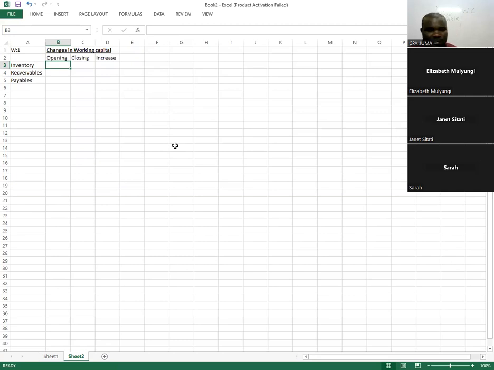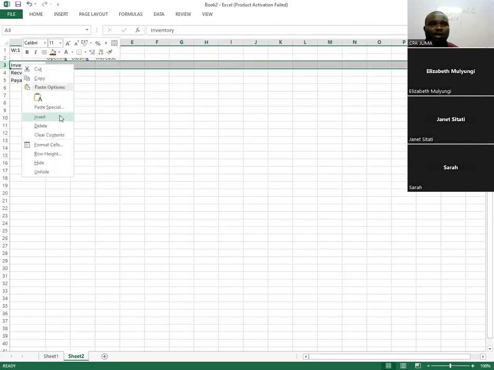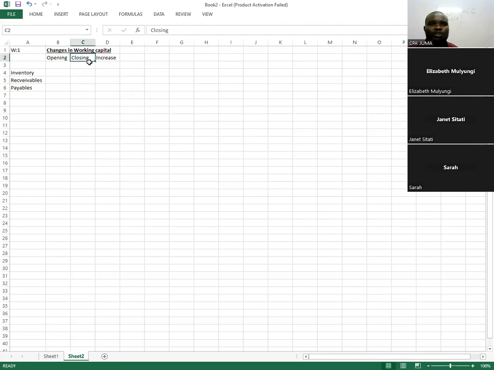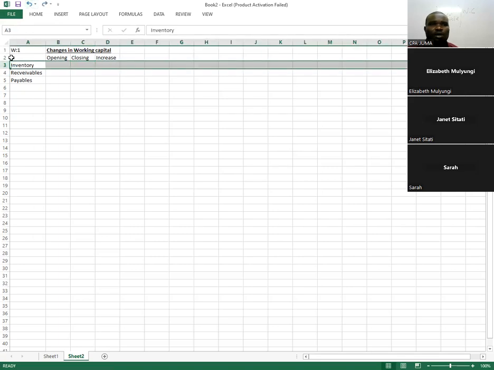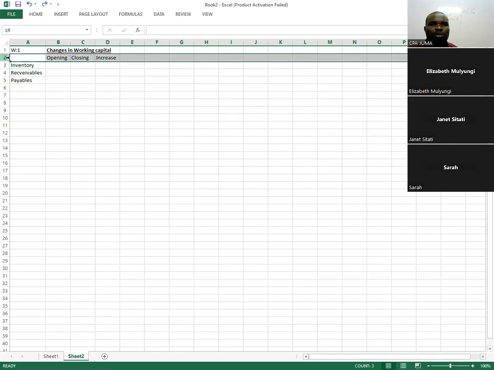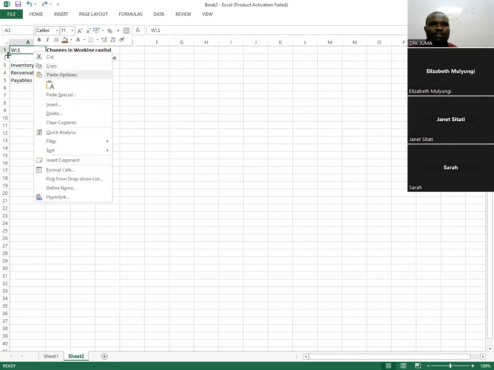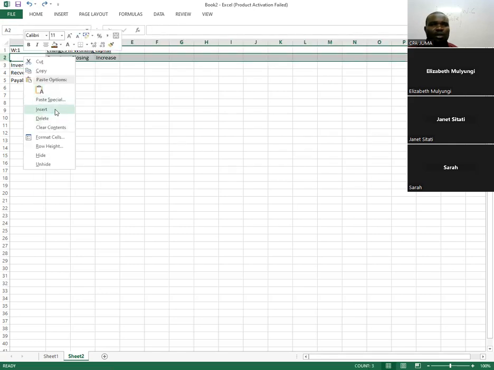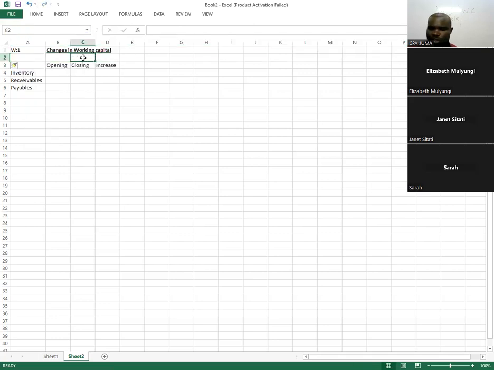Inventory under current assets, you can see there opening in 2020. Let me start with 2021, very important.